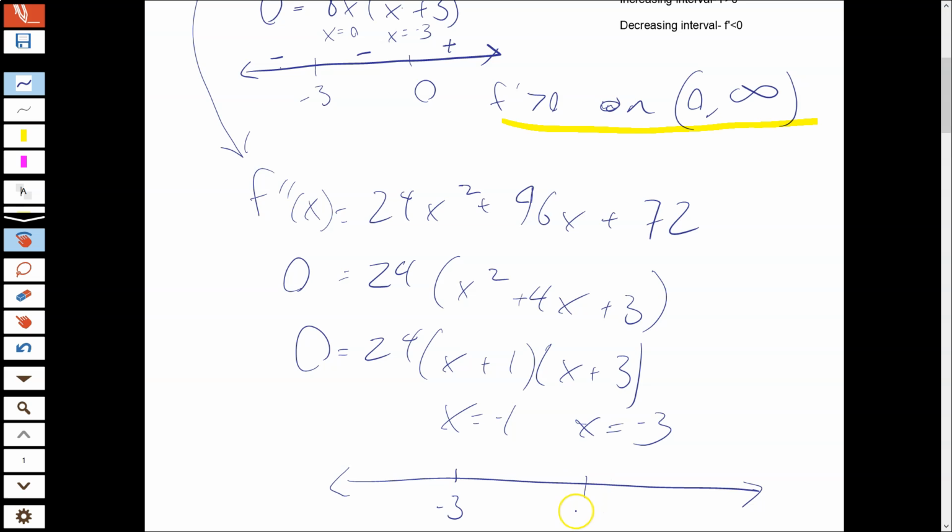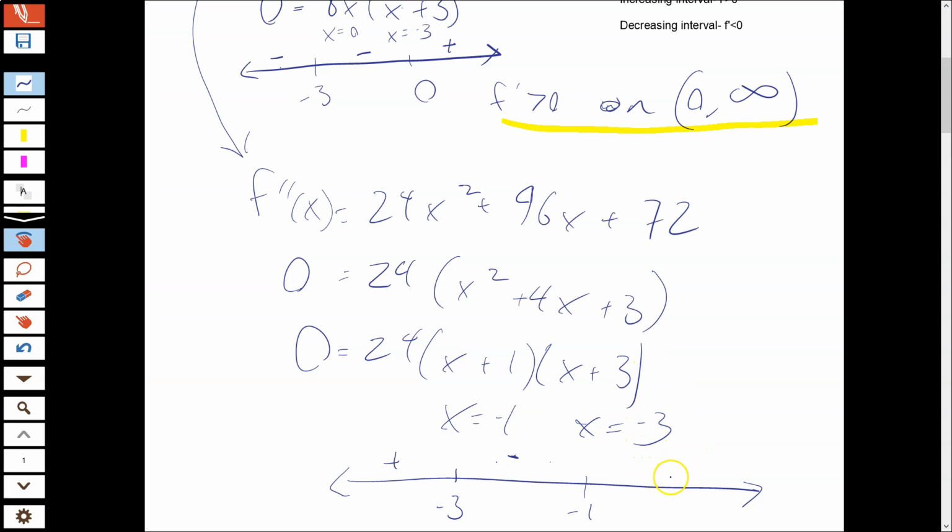So -1. And let's see, I'm going to plug in like -5 for this region over here, and I'm going to get a negative times a negative times a positive, so a positive on this region. Then in between, I'll plug in -2. I'm going to get a negative times a positive times a positive, so I'm going to get negative in this region.